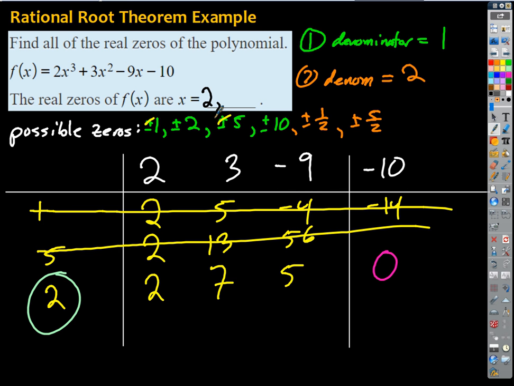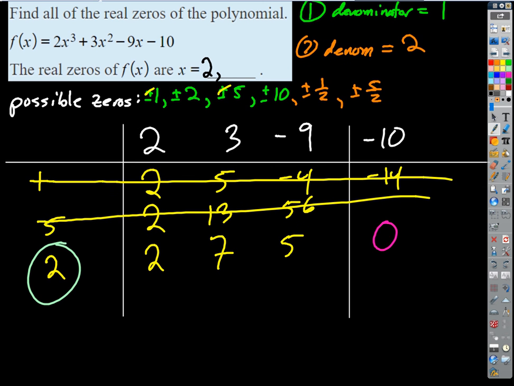Because once we found that 0, what's left over when we divide through by the factor x minus 2 is this other polynomial right here. This is the constant, that's the coefficient of x, and that's the coefficient of x squared.